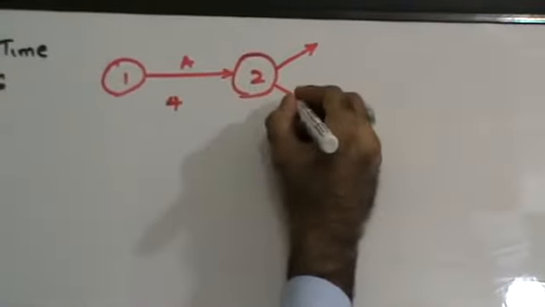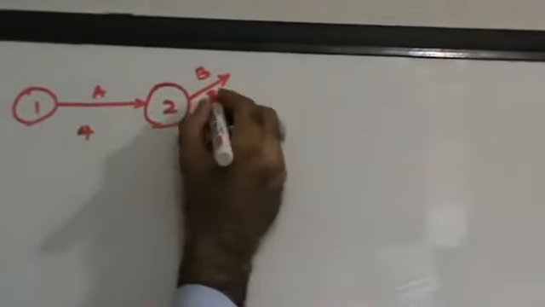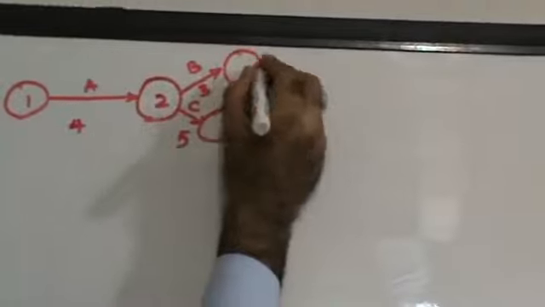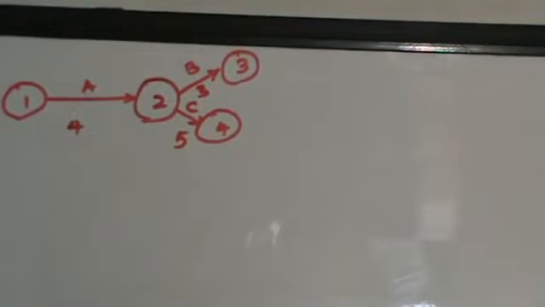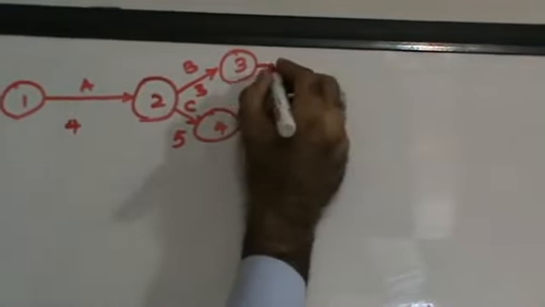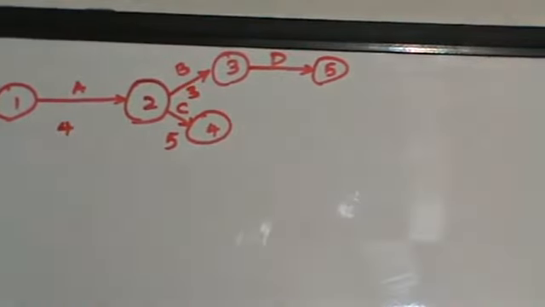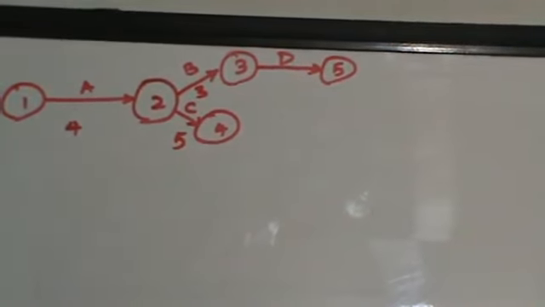From A you have B, which is of 3 days, and C, which is of 5 days. So this is 3 and 4, right? B gives rise to D. After B you have D. Okay.